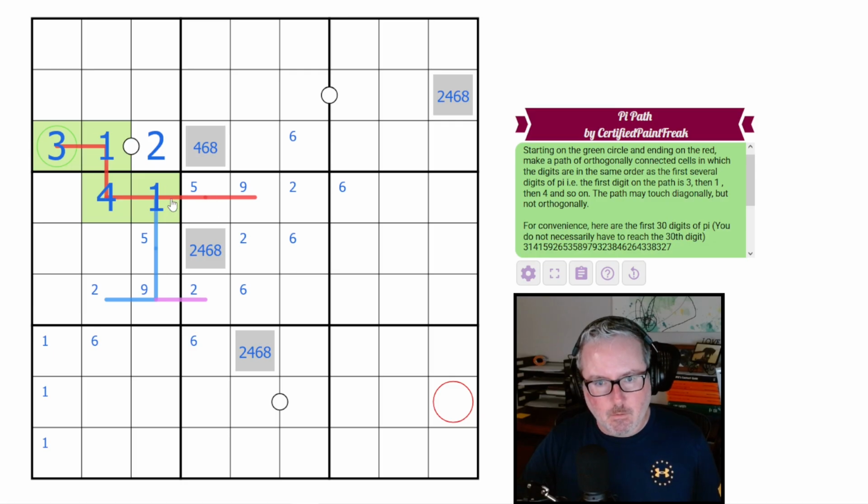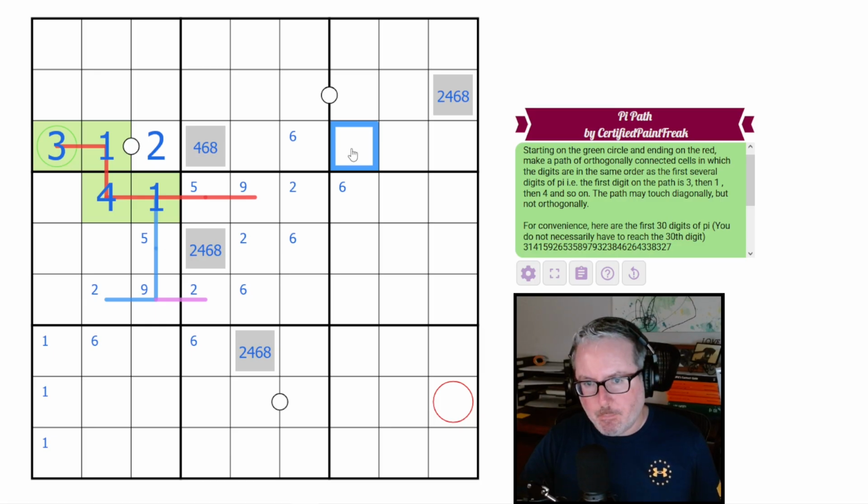So 3, 1, 4, 1, 5, 9. Then we go into a 2. And then the 6. So if this was a 5, 9, 2, 6 on this roadway, we have to drop down because we can't, well, we could go up, I guess.